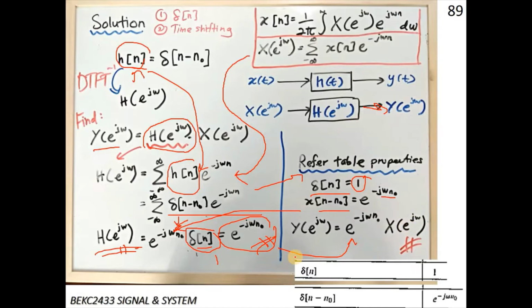Of course, for this example, you don't have any signal for the X(e^jω) value. Later, in the next example, we are going to give you a signal, then you are going to calculate the output in terms of the frequency domain. Okay, and if you see here, this one is a table normally used, so this is actually picked up from this table. So delta[n] is 1 and delta[n - n0] is e^(-jωn0).